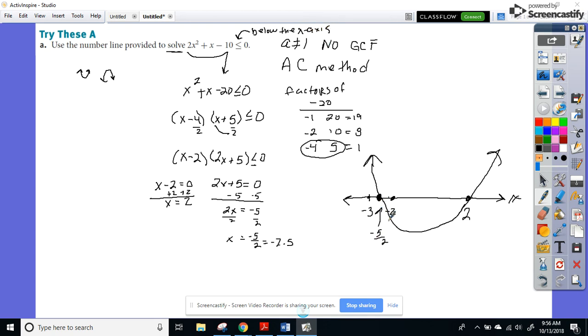Well, we can see this is where it's below the x-axis. So the shading that would take place would be these x values. The x values that happen along the number line right here are where our graph is below the x-axis.